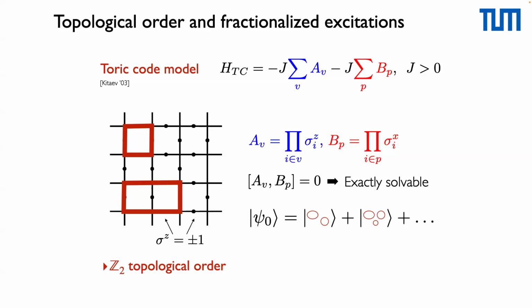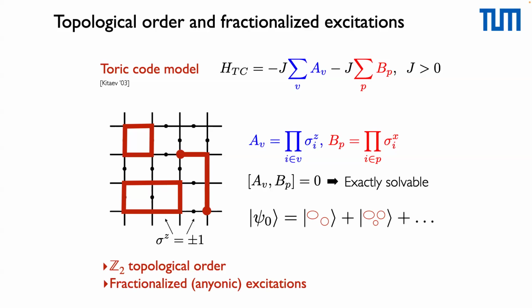And now I would find that if I construct a state which is an equal superposition of all loop coverings of the lattice, then that is the ground state, and the ground state then has Z2 topological order, and moreover, yes.